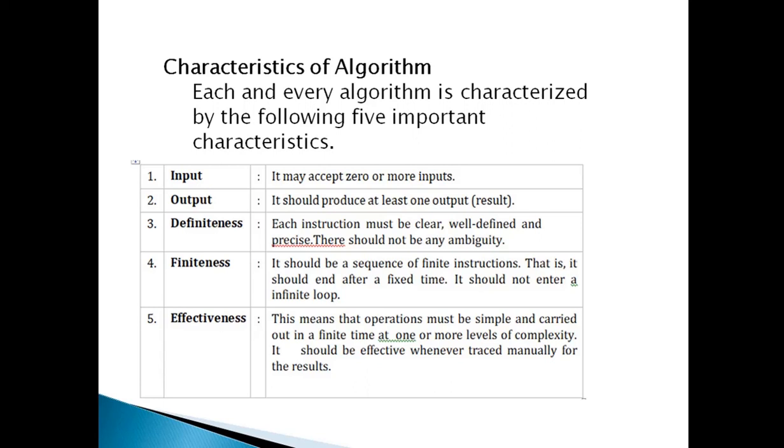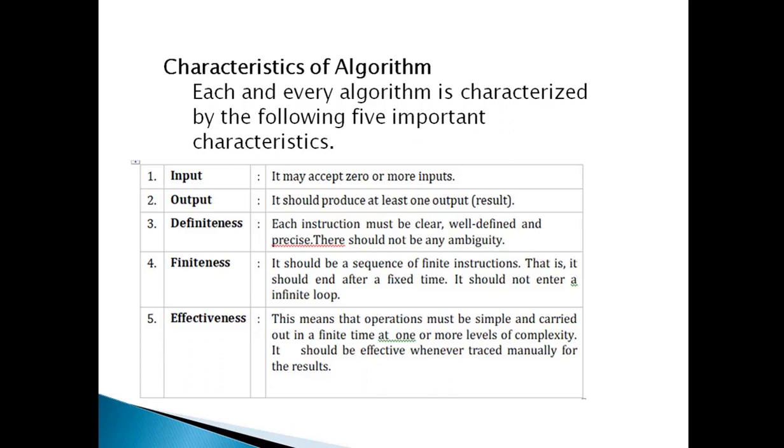An algorithm should generate at least one output. It may take zero inputs or more than one input, but in case of output, it should give at least one output, or result. That is the second characteristic.